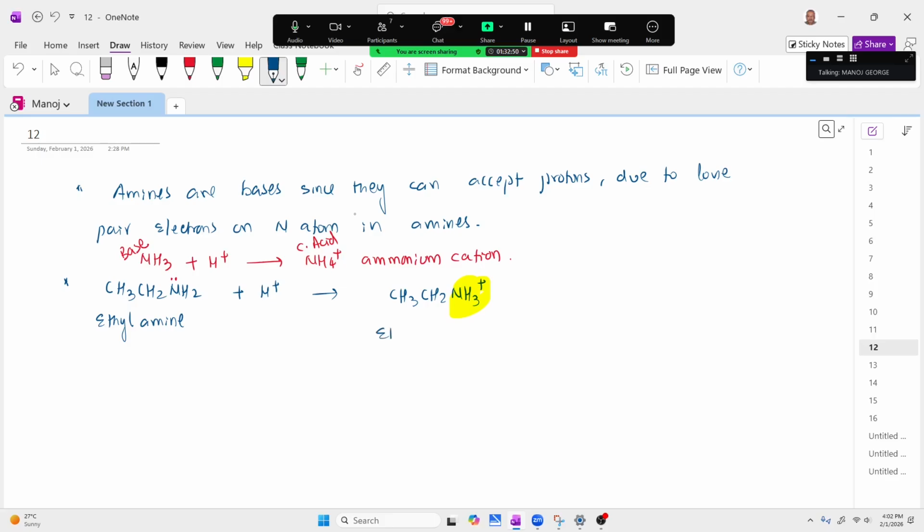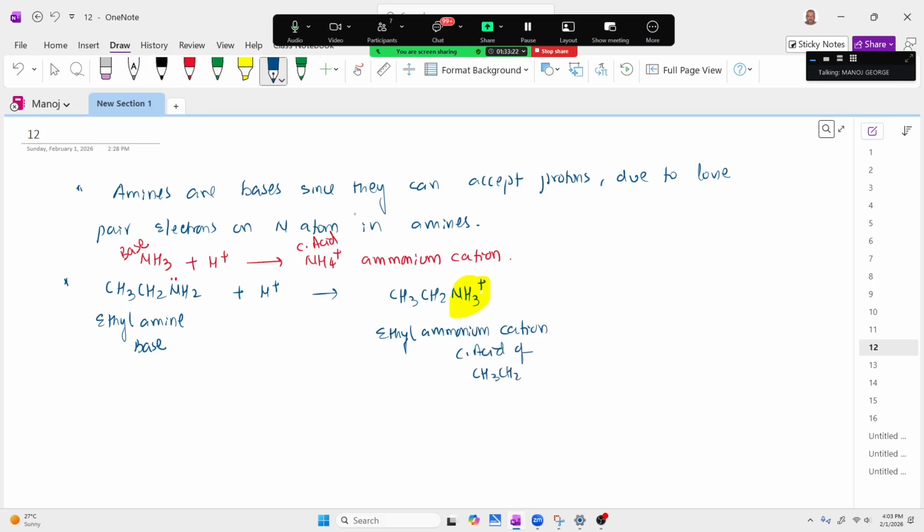This is now called the ethylammonium cation. Why am I calling it ammonium? It is not NH4+. It is ethylammonium, because one hydrogen has been replaced by the R group. Ammonia is a base. Ethylamine is a base.